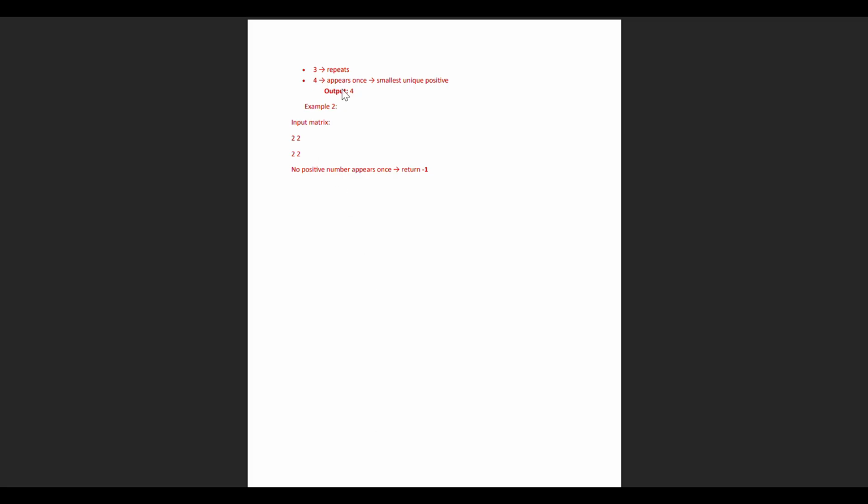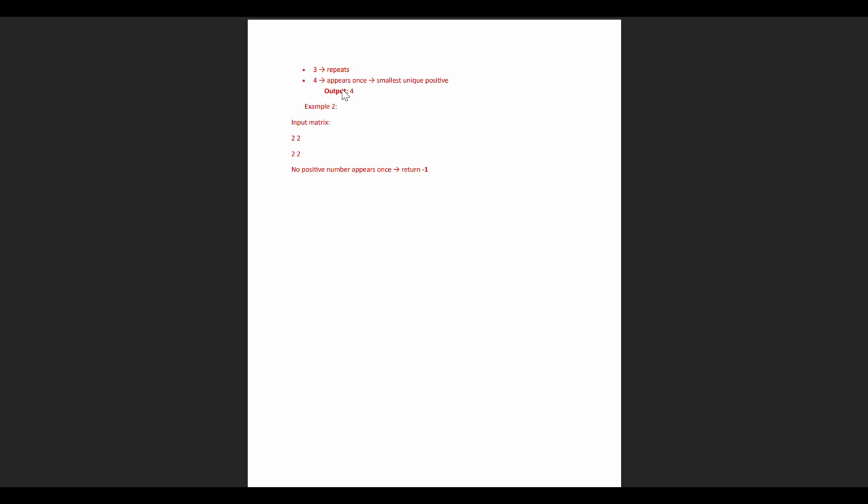Okay, let's consider another example. In the given matrix, we have only the number 2, but 2 repeats 4 times. But our expected output should be unique. So we have to return -1 because there is no such element which occurs only 1 time.